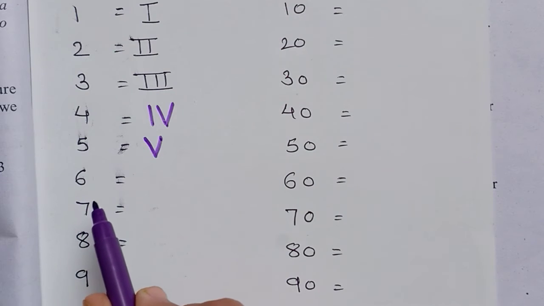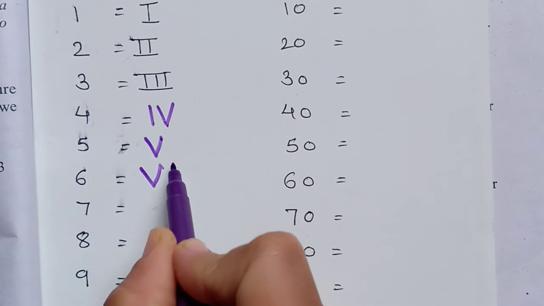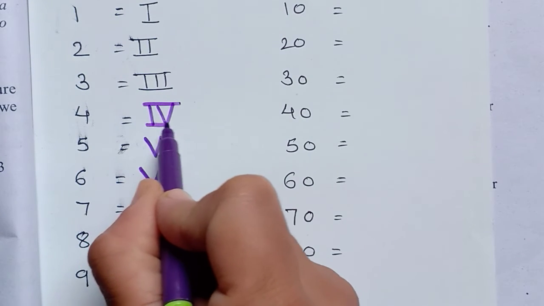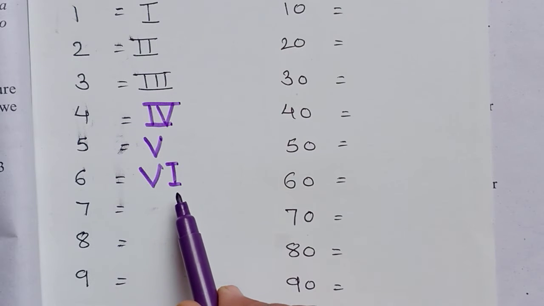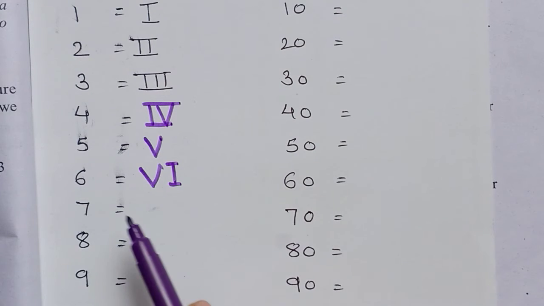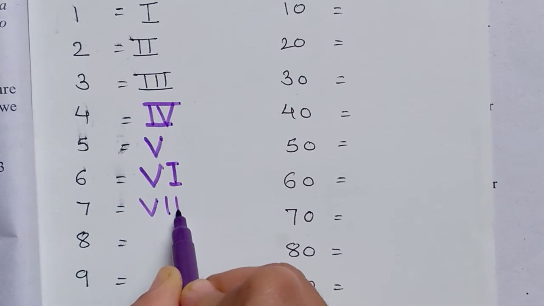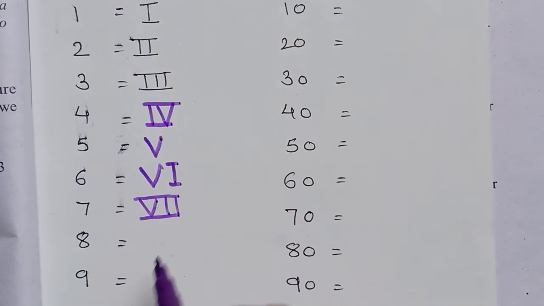Now 6. It is 5 plus 1. I have written 5 means V first and then 1 after it. Now 7. 5 plus 2. 8. 5 plus 3.